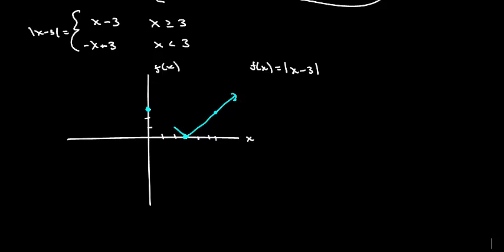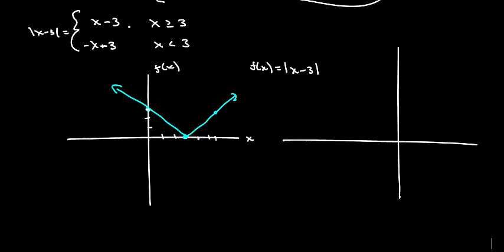Now I'm going to show you that the piecewise defined function that I've got up here gives this exact graph. This is from what we know. Now let's go to this new piecewise defined function of absolute value. We see that we get the same thing.